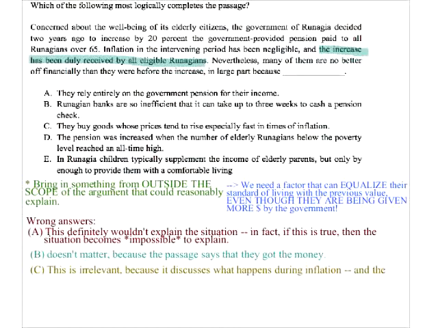Inflation in the intervening period has been negligible. So this consideration knocks out answer choice C because C is only a factor if there is actually inflation, which the passage says there is not.